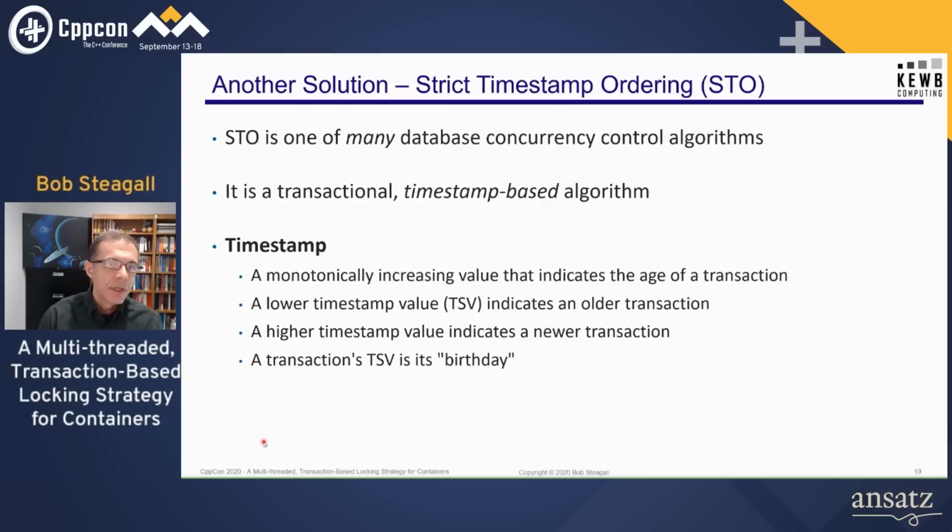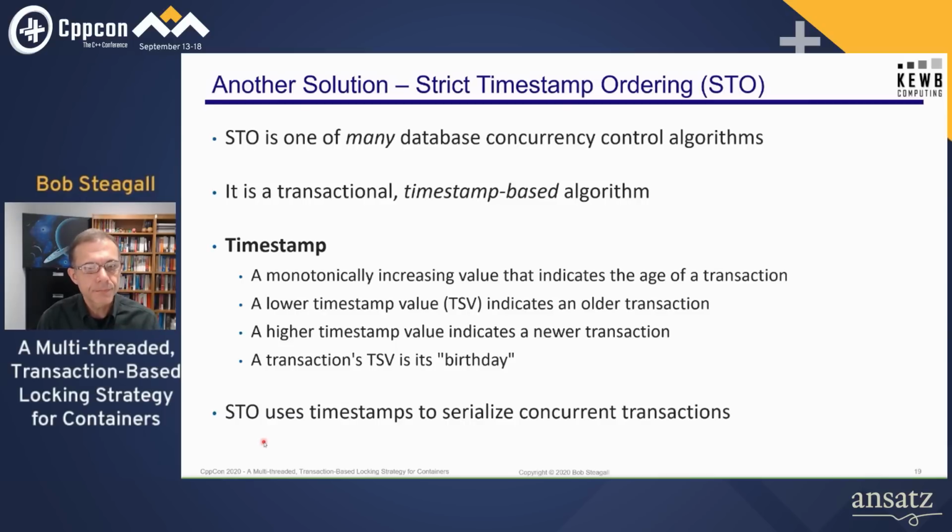In essence, the timestamp value is very much like the birthday of the transaction. So the idea behind STO is that it uses timestamps as the basis of serializing concurrent transactions so that we avoid race conditions and that we fulfill the conditions of atomicity, consistency, and isolation.